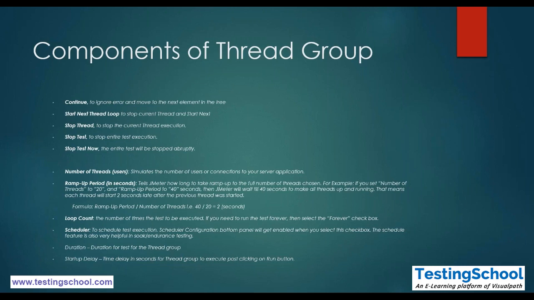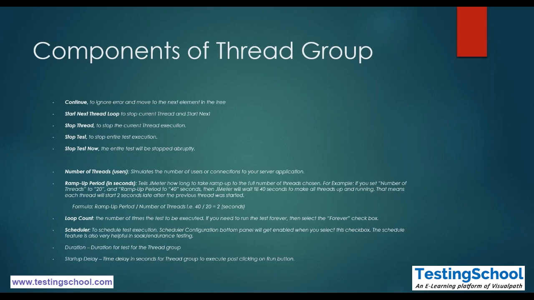Suppose you have given 5 seconds in startup delay and you press the start button, then it will wait 5 seconds, and only then the thread group will start execution. So startup delay is nothing but the amount of time it will wait before the actual thread group execution starts. These are the different options on the thread group.